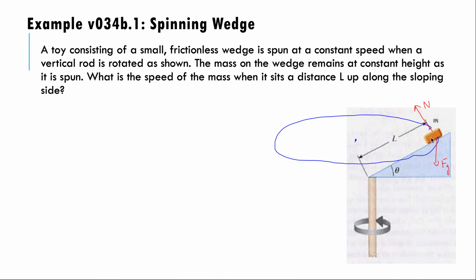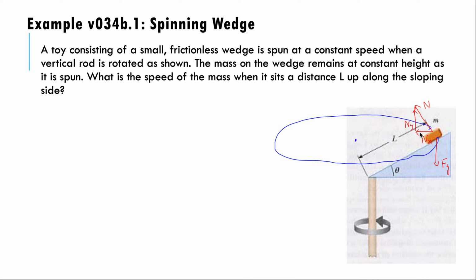Usually when we're on an incline, we find the x and y components of the weight. But weight is vertical. It's perpendicular to the circle of motion, so it's not going to contribute to the circular motion. However, the normal force has an x and a y component. We can draw them. The x component points to the left, and the y component points upward.